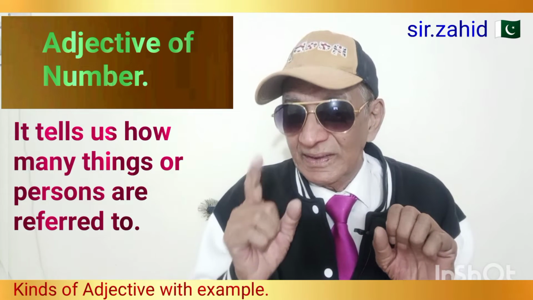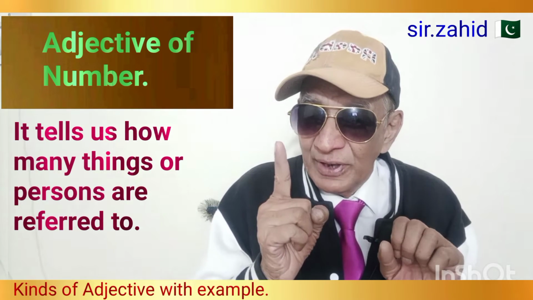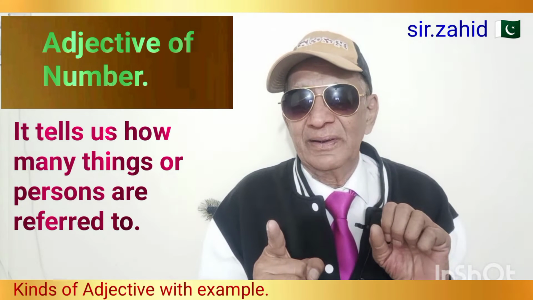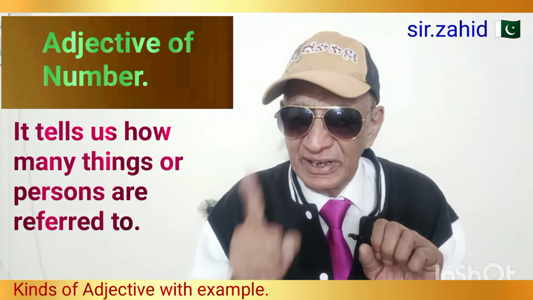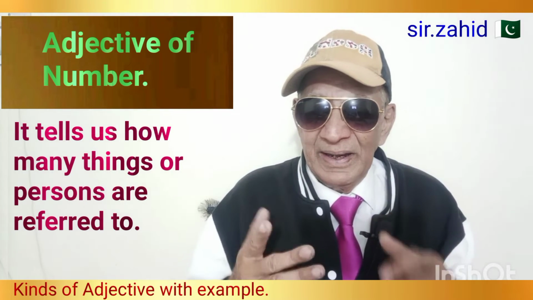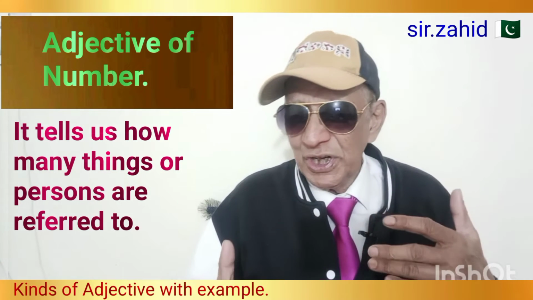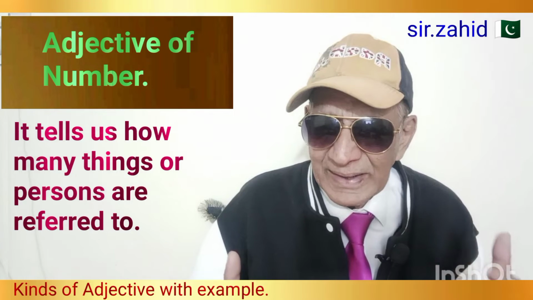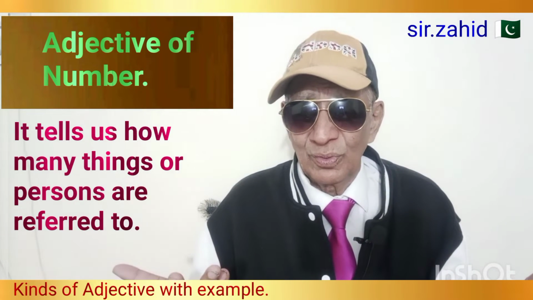Now, the next kind, adjective of number. Number three, adjective of number. It tells us how many things or persons are referred to.